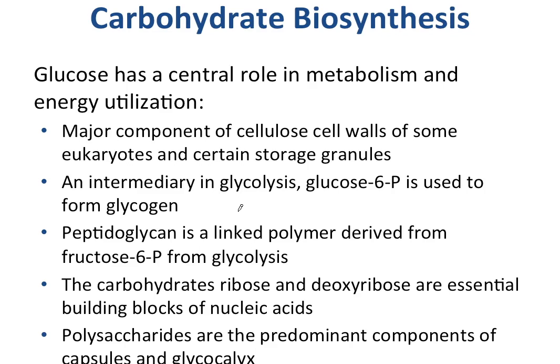The first step for the metabolism of glucose is to form glucose 6 phosphate. This can be used to form glycogen.